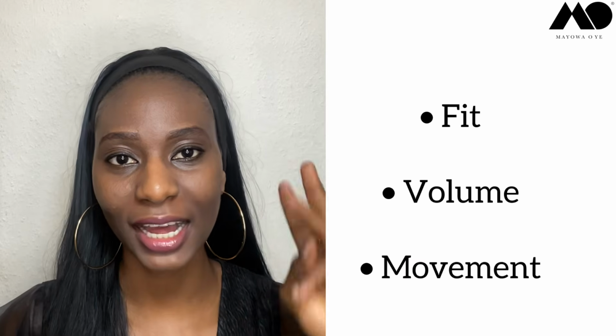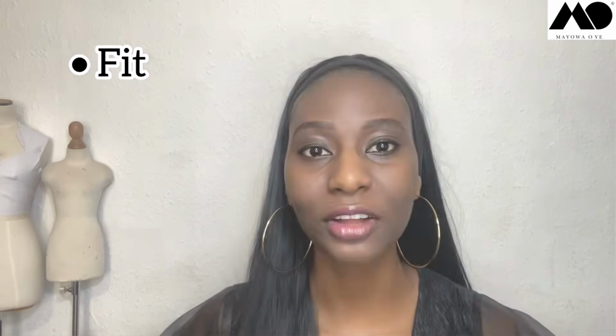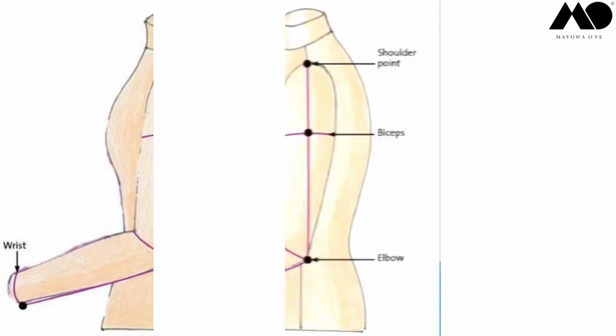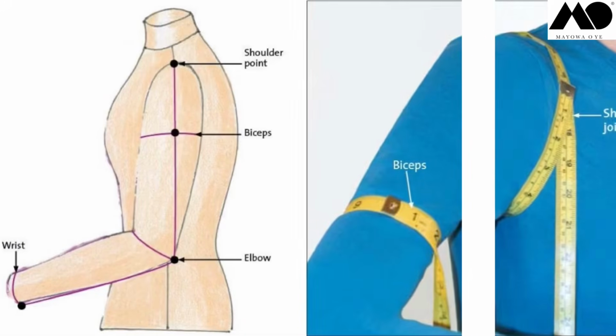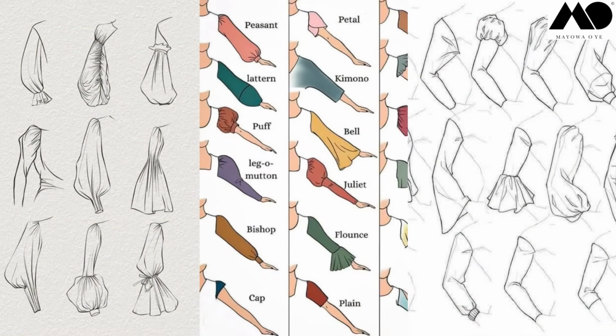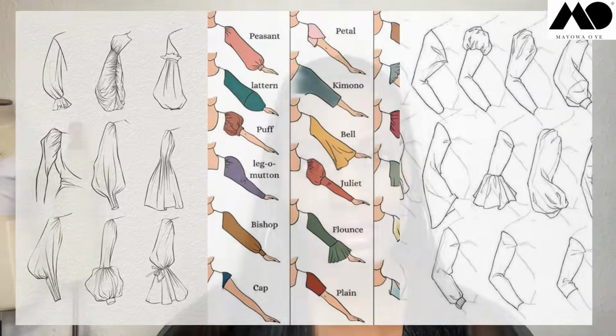Now, every sleeve design lives in three dimensions, which are fit, volume, and movement. Fit is how the sleeve connects to the arm and shoulder. It defines comfort and precision and gives you that feeling of, oh, I can move my arm without restriction. Volume is how we manipulate fullness in sleeves, especially with gathers, pleats, or spread techniques.